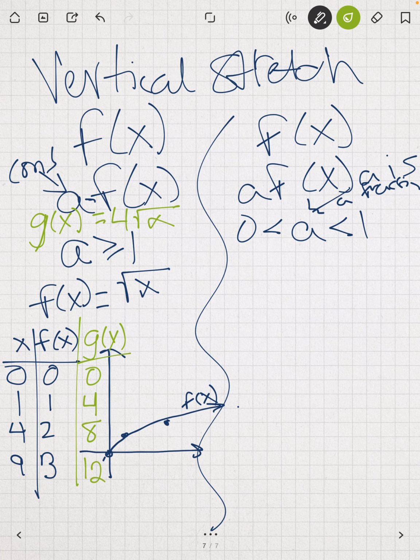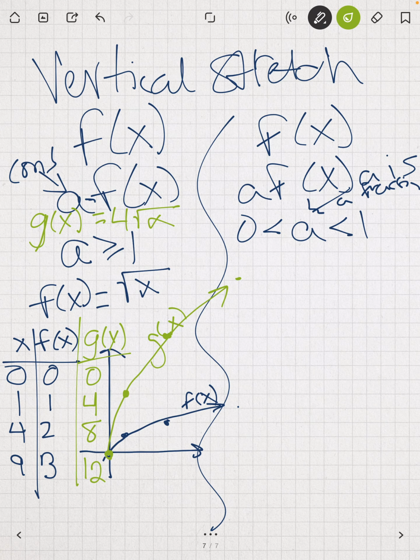And if I graph that, I have 0, 0, 1, 4, at 4 we're at 8, and over at 9, instead of at 3, we're at 12. So we're aiming up that way, and it looks like that's our g of x.